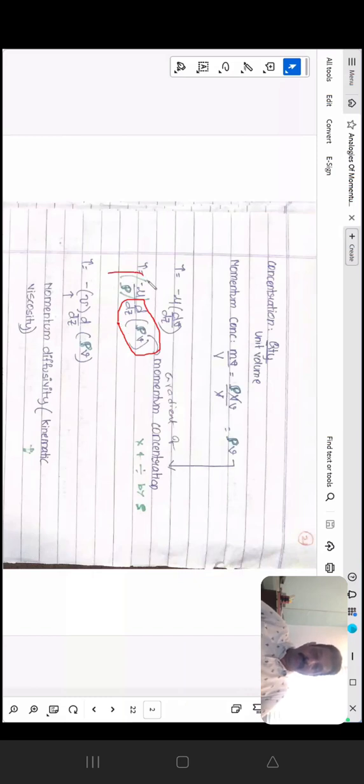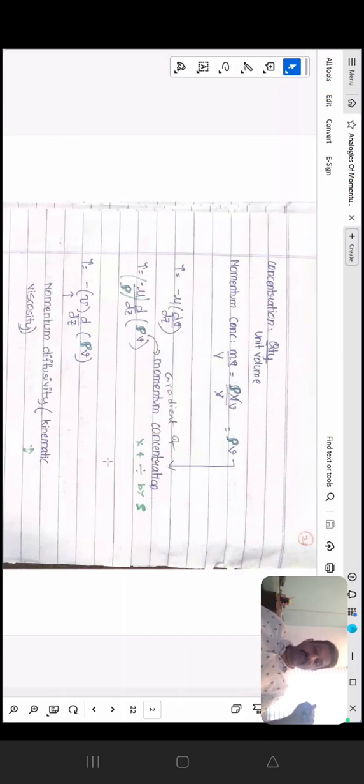This term is familiar to us: mu by rho is nothing but kinematic viscosity. So I am able to write Newton's law as tau, the momentum flux. Flux is equal to a constant of proportionality related to that particular phenomenon. Here in momentum transfer, what is the constant?